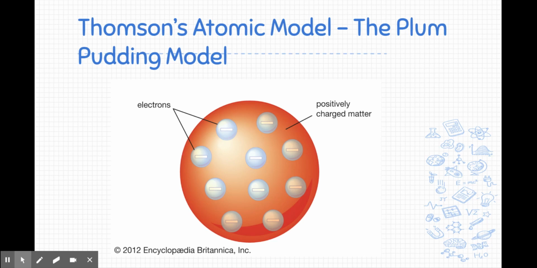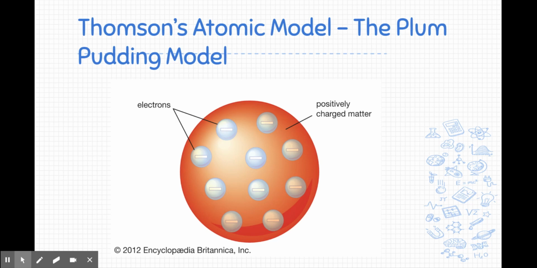As a result of his conclusions, Thomson comes up with what he and early scientists referred to as the plum pudding model. Now, we don't really have plum pudding much anymore, so let's talk about this in terms of the raisin bun or the chocolate chip muffin model.